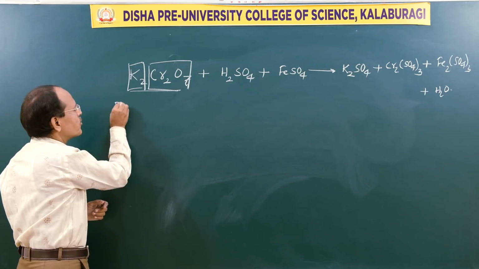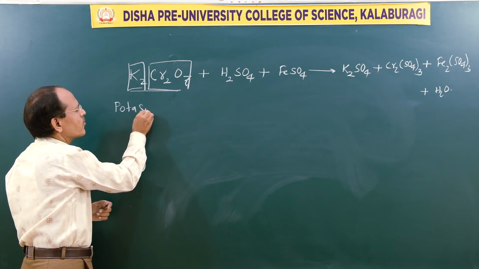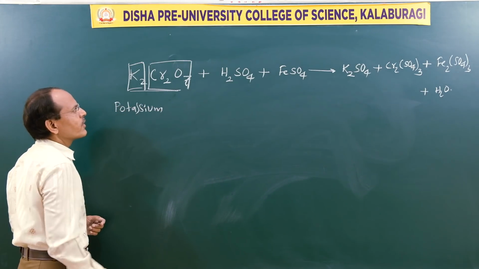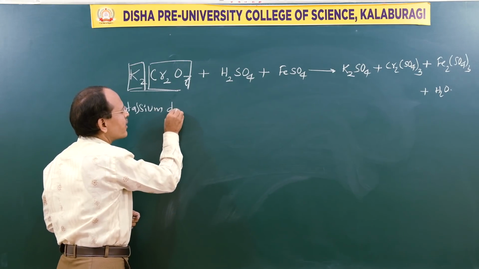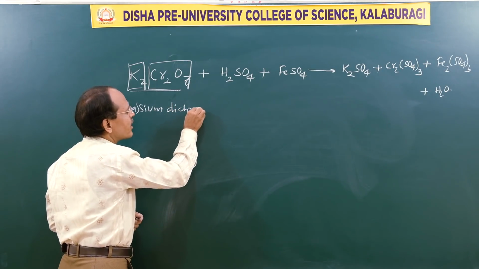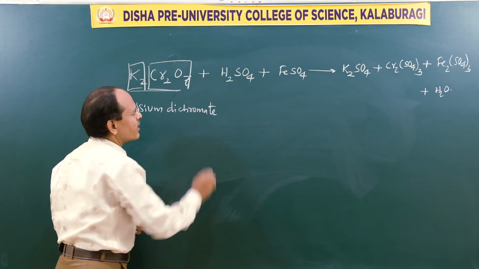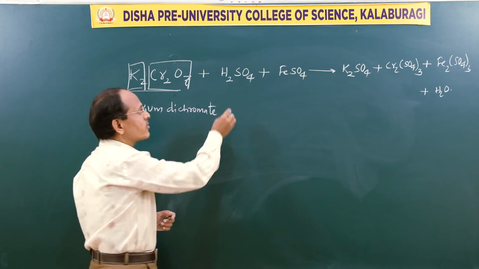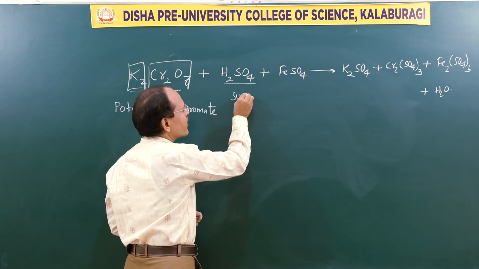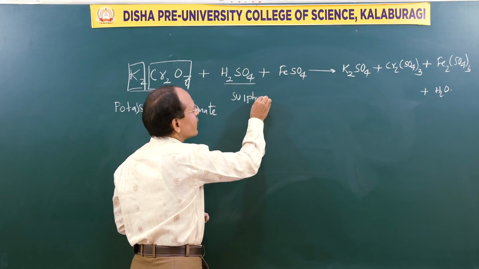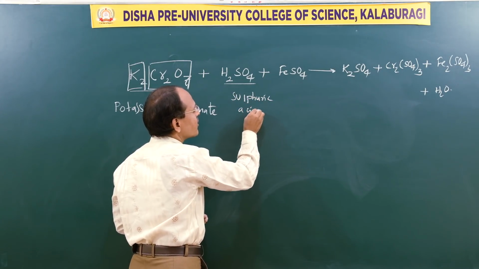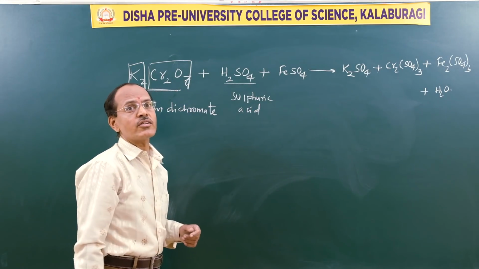This we call potassium, and this is dichromate ion, so it becomes potassium dichromate. And this you already know is sulfuric acid, or you can say hydrogen sulfate.